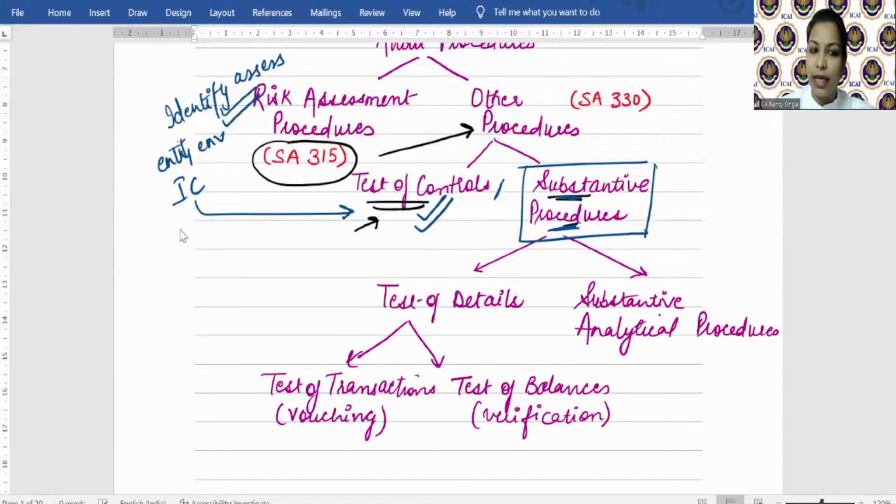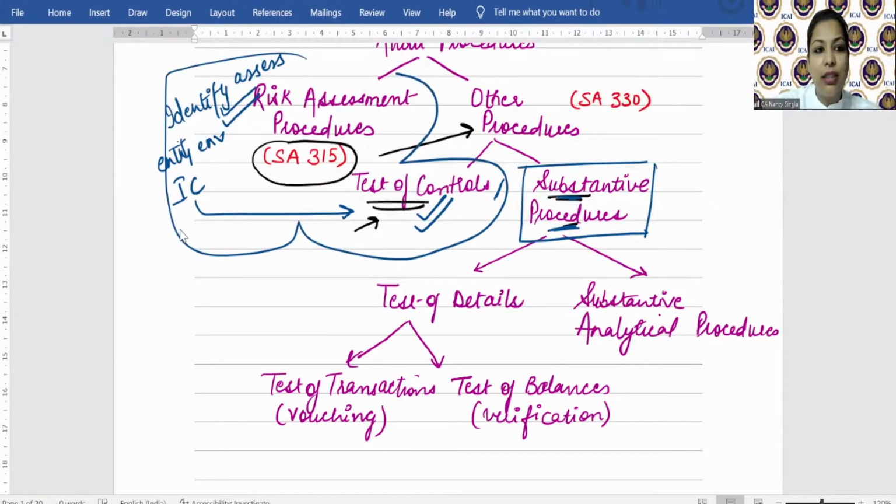Test of control, right? Based on the auditor's assessment of risk in terms of SA 315 and the effectiveness of internal control as he has tested by performing test of control, the auditor will then decide the nature, timing, extent of the substantive procedures.